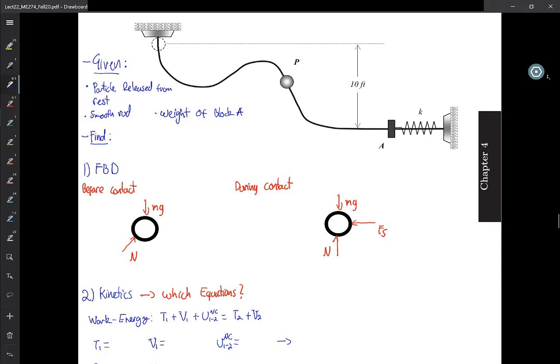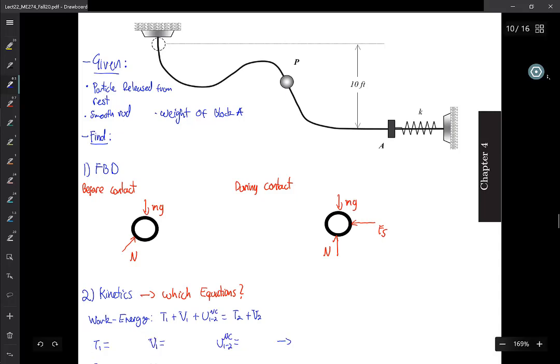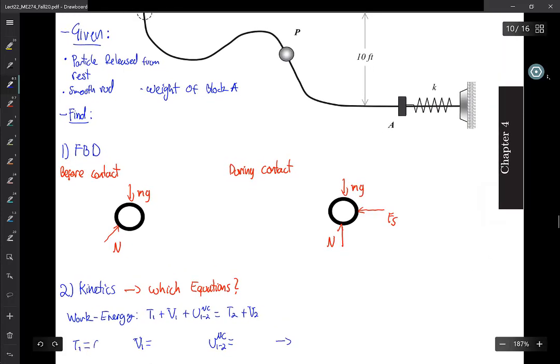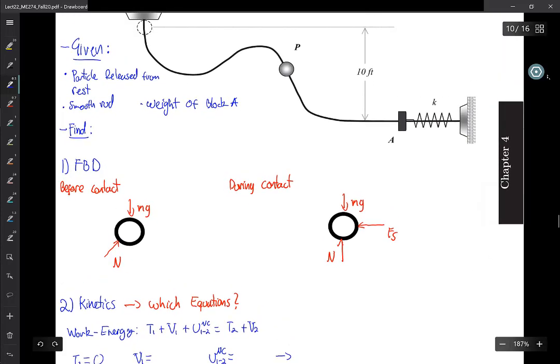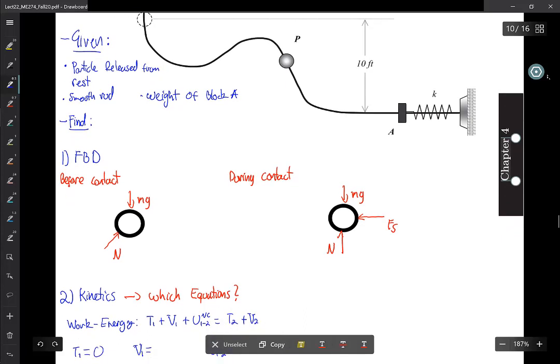So the kinetic energy in state 1 is 0. Try to enact with me the exam part. 0. Then potential energy. Okay, I look at this. What is the potential energy? Change in height, right? So mgh.